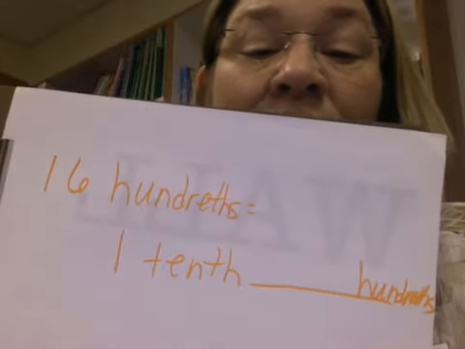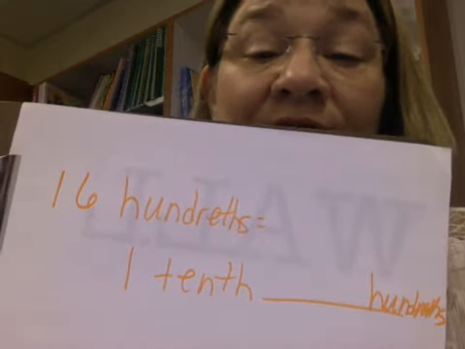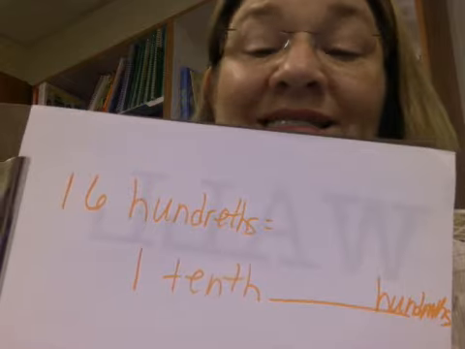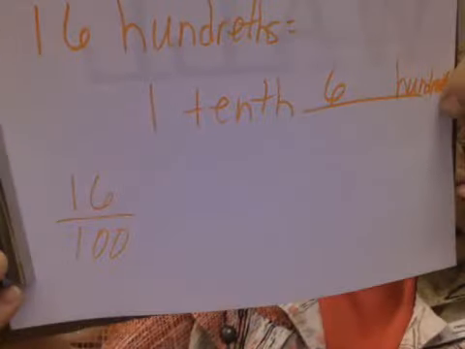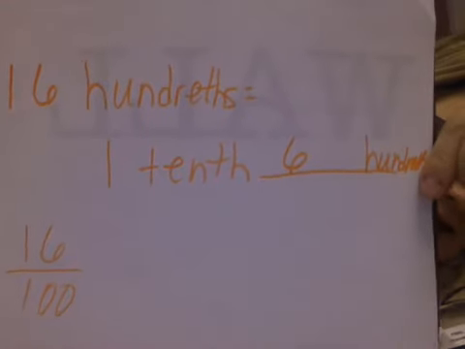That would give us 1/10. There's 1 in the 10th spot, and it would give us 1/10 and 6 hundredths. And again, let's think this through. 16 hundredths is going to look like this. That's what 16 hundredths will look like. So there is 1/10 and 6 hundredths.